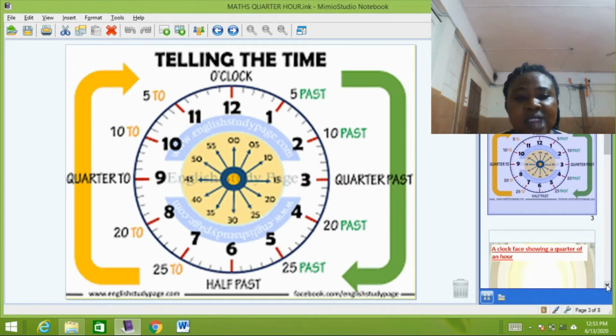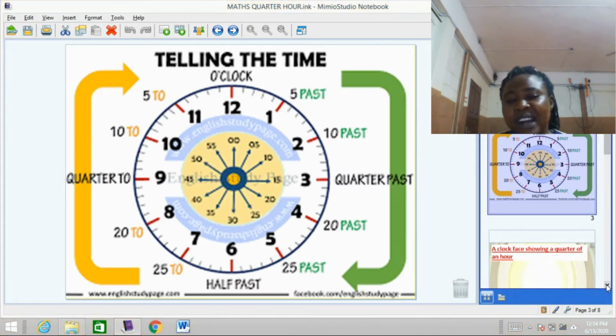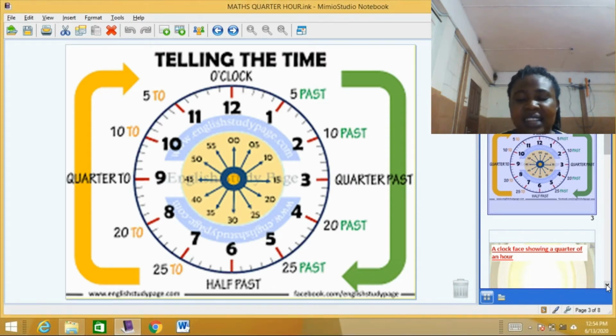When you divide 12 by 4, you have 3. So when the minute hand is pointing at 3, that is telling us that it is at quarter past, or when it's moved round to 9, that is quarter to. We have quarter past and we also have quarter to, but we want to deal more on quarter past in this lesson.